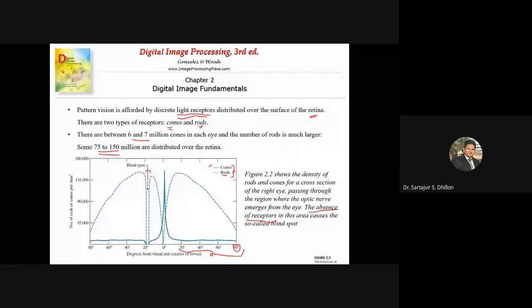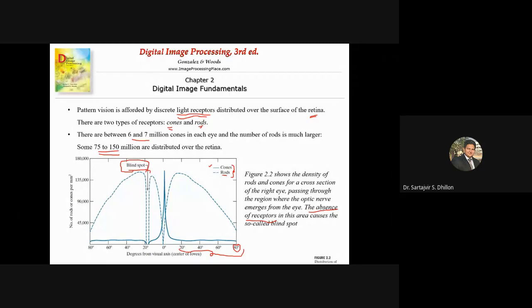One important topic we covered is the blind spot, one of the most important points, where no cones and rods exist.